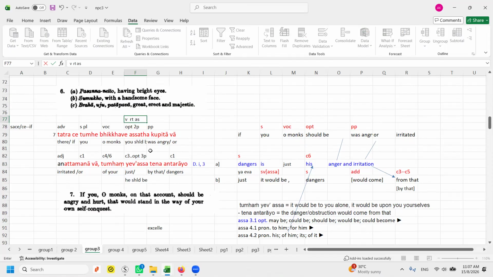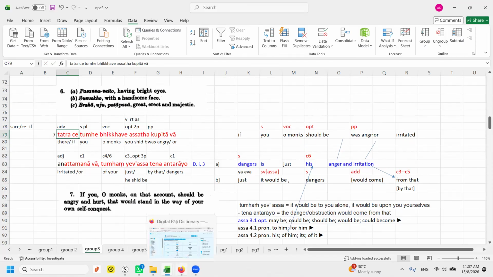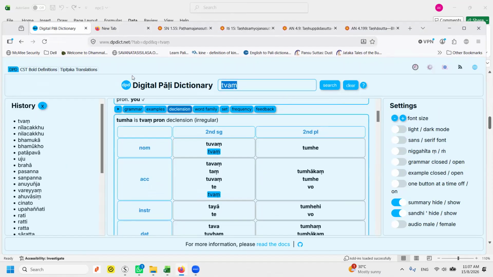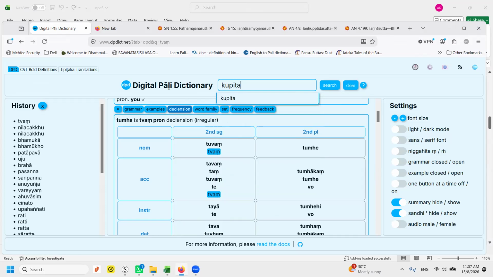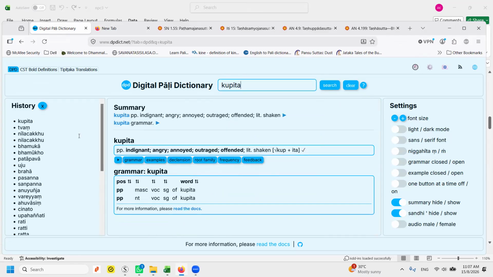Take away. And then can you see this one, a long A, kupita. Kupita is a past participle. So let's say you go in here with kupita and with TA. I didn't put the long A, because can you see, kupita.